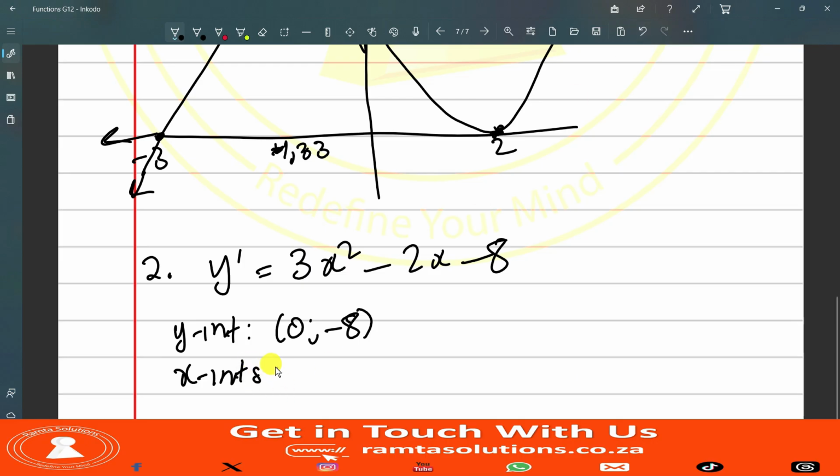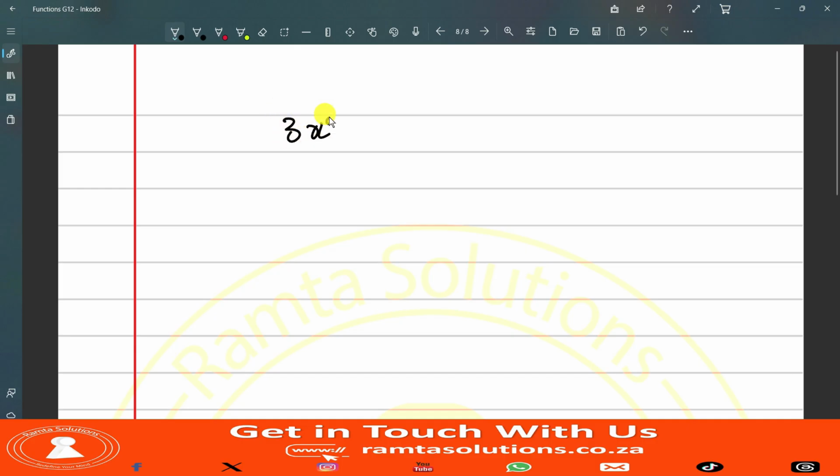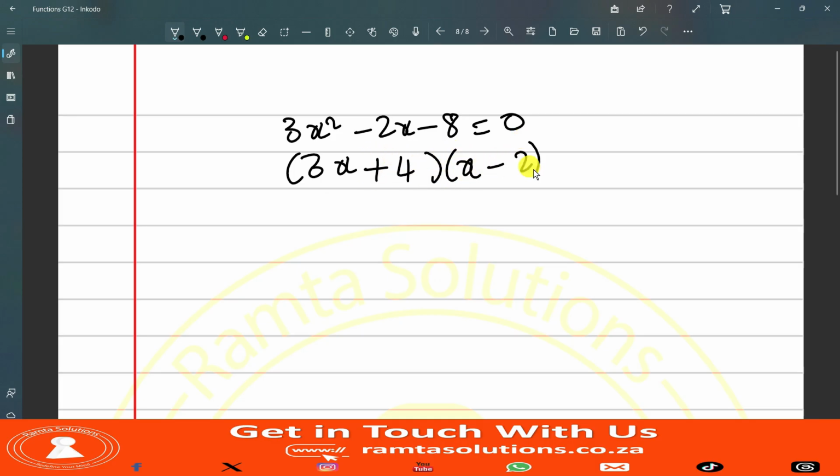With the x-intercepts, we will say this means 3x squared minus 2x minus 8 equals 0. And we were able to solve this, right? So going to the next page. We said 3x squared minus 2x minus 8 equals 0. So we said this was 3x plus 4 multiplied by x minus 2.